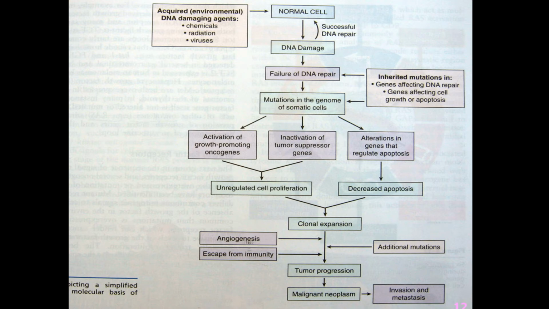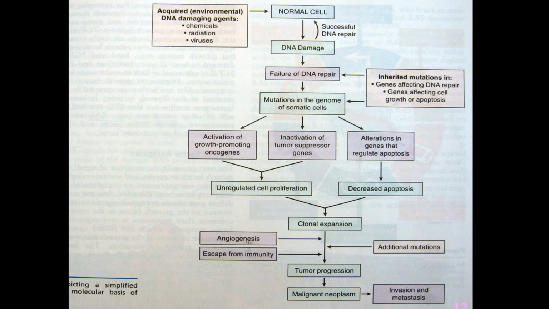The growth-promoting oncogenes, the activation of growth-promoting oncogenes. It means the proto-oncogenes, normal genes which regulate the normal proliferation of the cell, are mutated and become oncogenes. These genes always trigger the cell to proliferate, non-stop proliferation occurs.